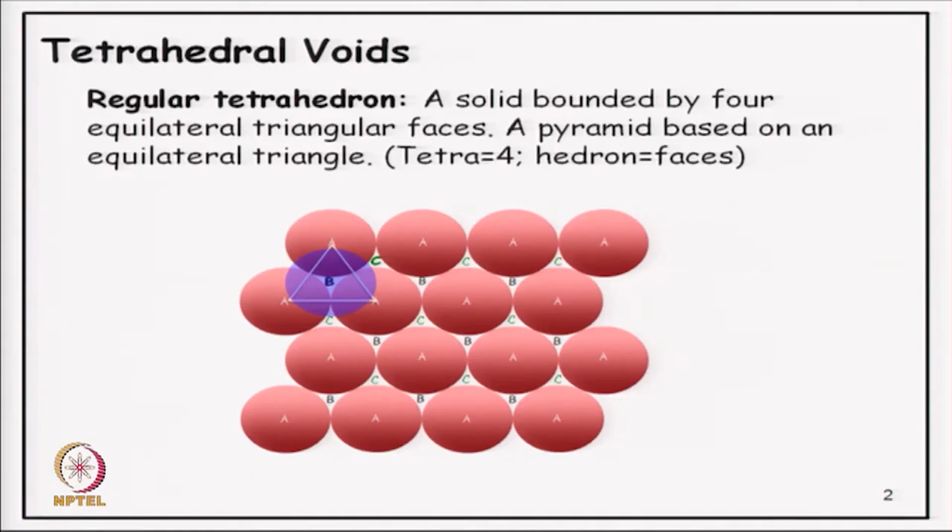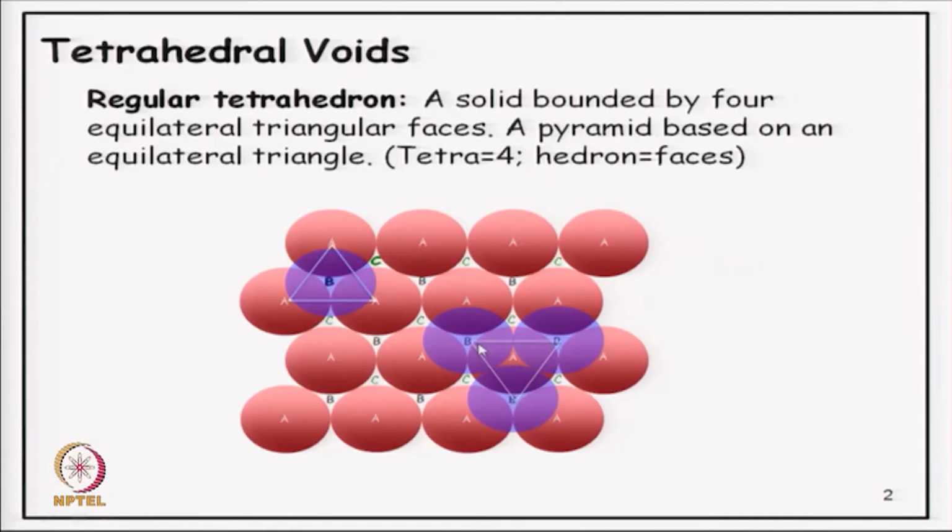So, it is touching each of these 3 A atoms. This forms a regular tetrahedron. The centroids of these 4 spheres form a regular tetrahedron. Similarly, if we look at 3 B centers located above an A sphere, if we place these 3 B atoms and concentrate on them, then we find that the A atom comes from below and closes the void between these 3 B atoms.